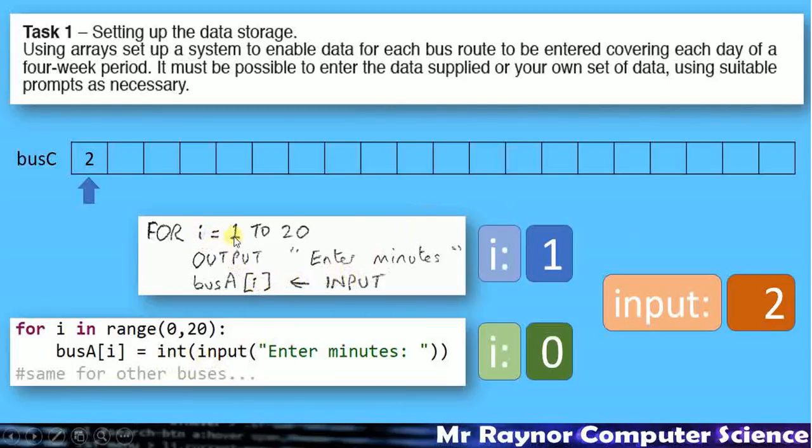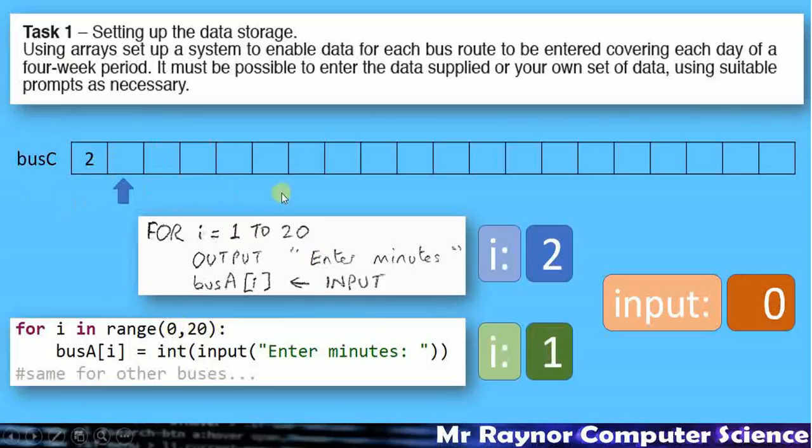So let's think again, the first time round index I is 1. That's what's stored here. Or if you want to look at the Python equivalent, the 0 here. So at that point we're going to insert what the user has entered. Final point to make is that we're trying to get away from the Python way of appending data to a list. That's not what we're doing. We're inserting directly into a position in the array, an index.